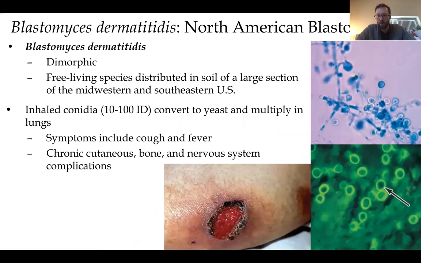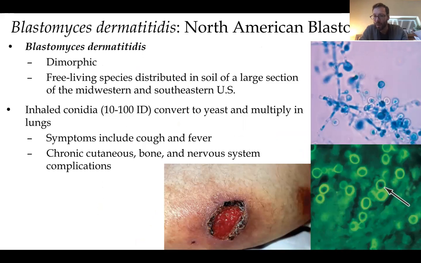Blastomyces, also dimorphic, free living in the soil as the previous fungi we've talked about. And it takes about anywhere from 10 to 100 conidia or spores to manifest in disease. Now, these spores are small, so 10 isn't that much.